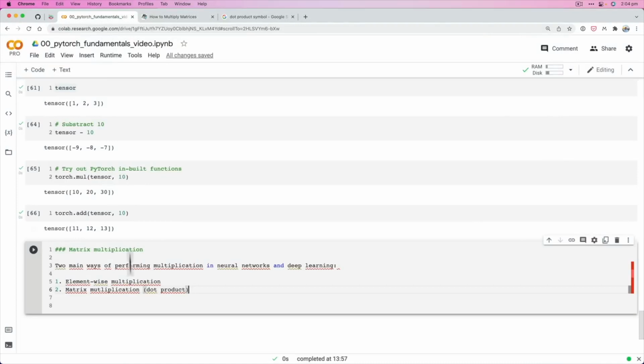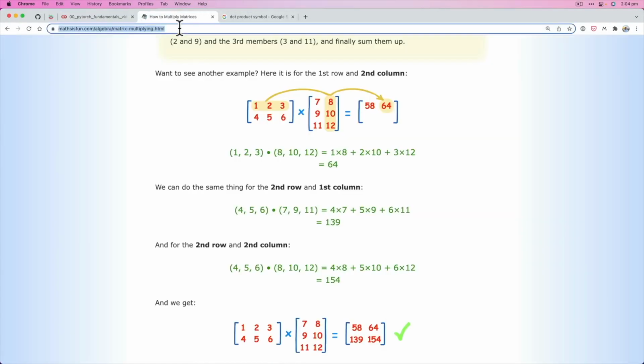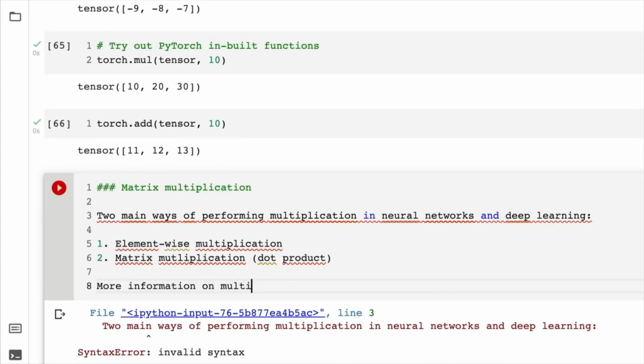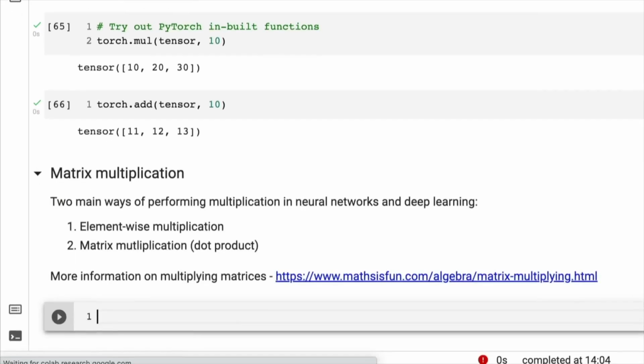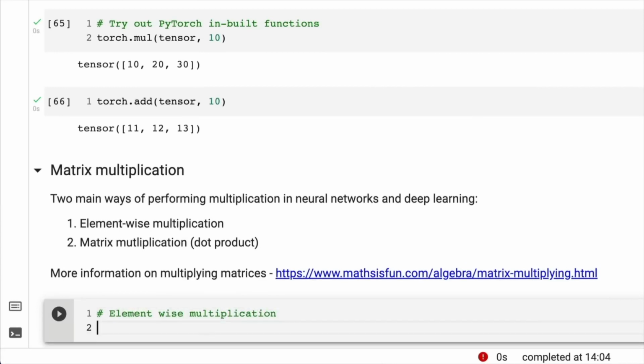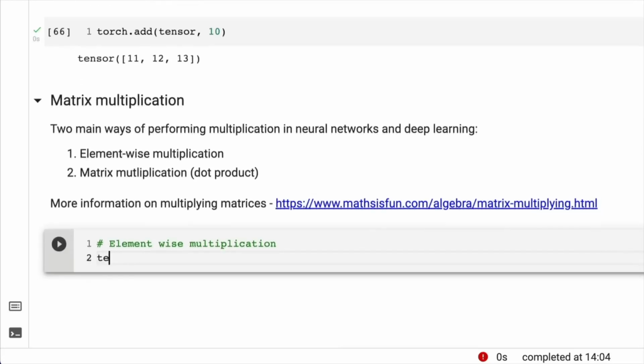But now let's go back and write some PyTorch code to do both of these. So I just want to link here as well, more information on multiplying matrices. So I'm going to turn this into Markdown. Let's first see element-wise multiplication. We're going to start with just a rudimentary example. So if we have our tensor, what is it at the moment?